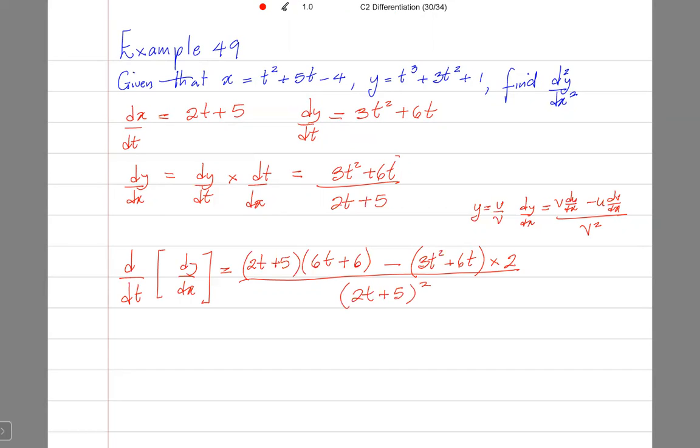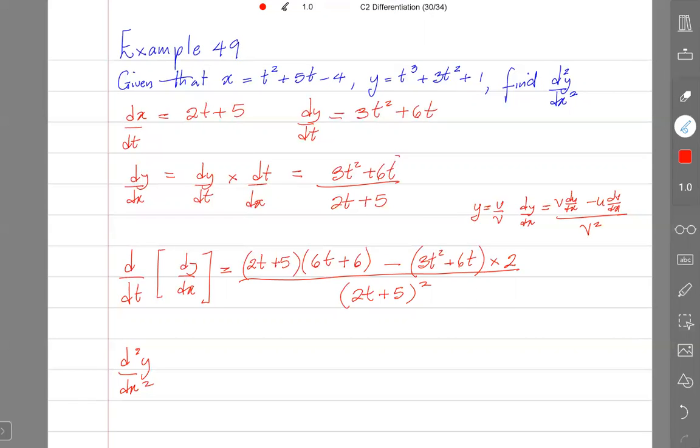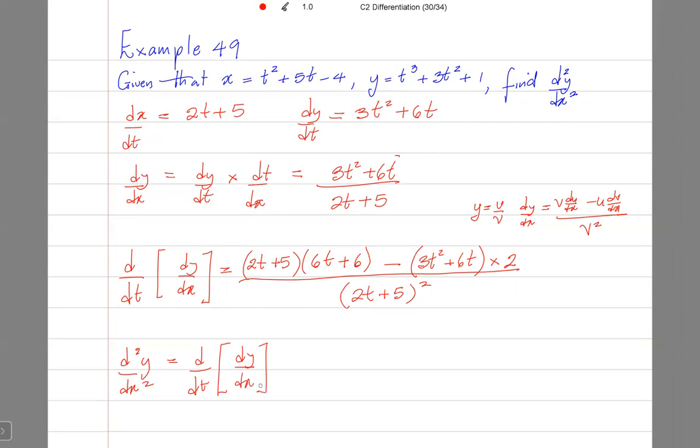Squared. Now d2y by dx squared. Should I simplify that? Let's not simplify it yet. It would be equal to differentiating dy by dx with respect to t, multiplied by dt by dx.